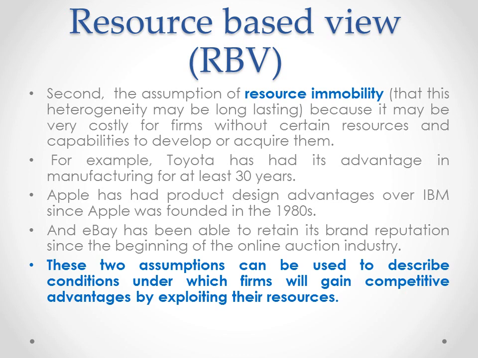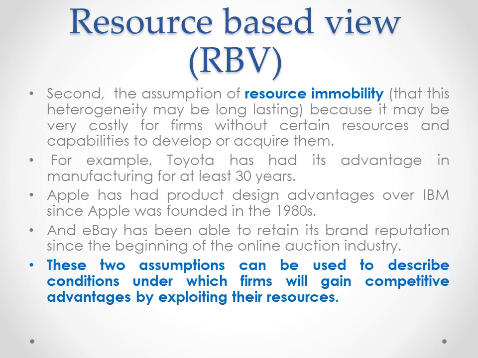Companies can use these two assumptions to describe the conditions under which a company will gain more competitive advantage. So you should deal with resources according to these assumptions. The first is that resources aren't similar or identical, as each company has its own resources.